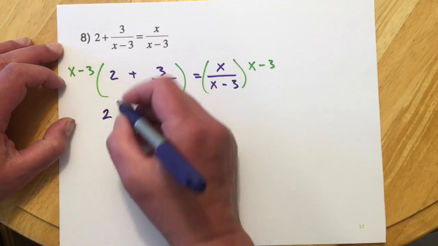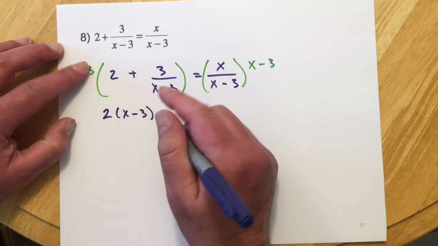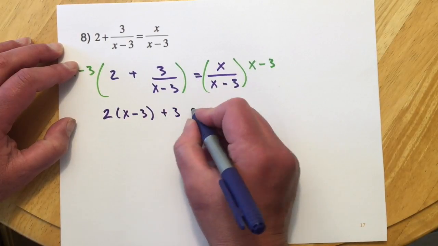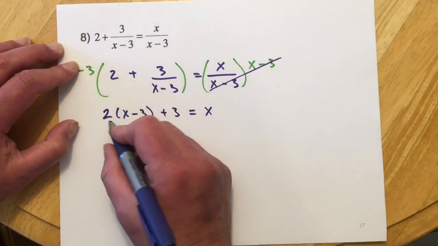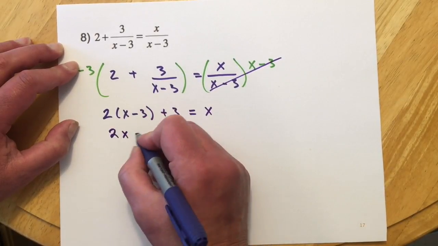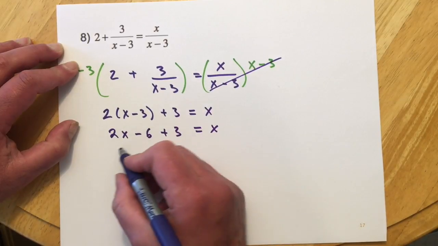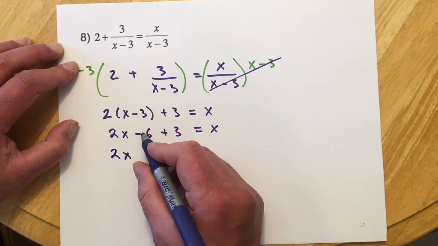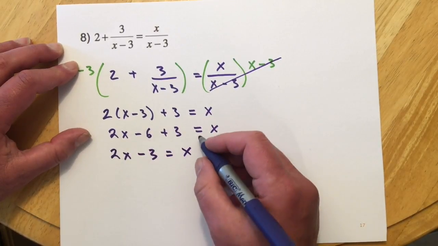So this is going to be 2 times x minus 3. Here the x minus 3's cancel, so I'm left with that plus 3. Here these cancel, so I'm left with just the x. So let's see, this is going to be 2x minus 6 plus 3 equals x. Collect terms. 2x minus 3 equals x.